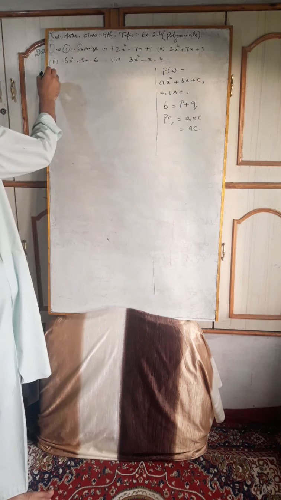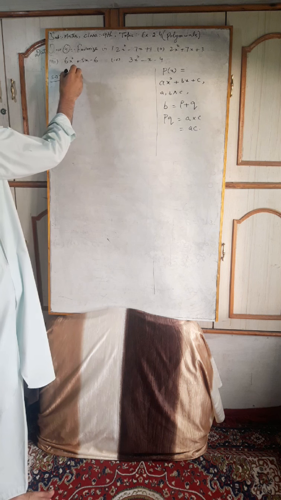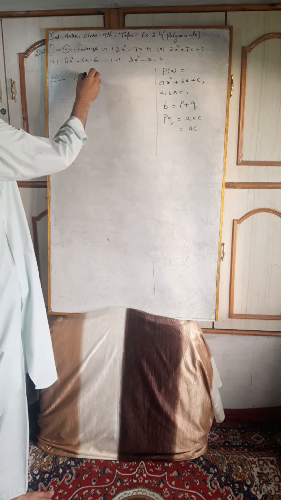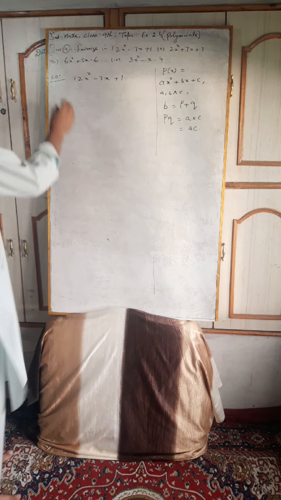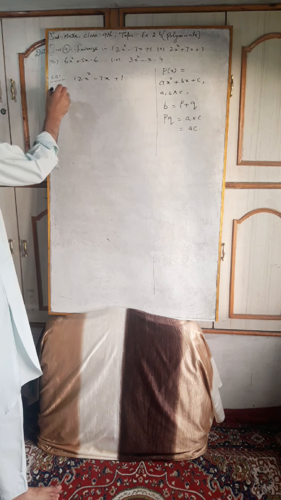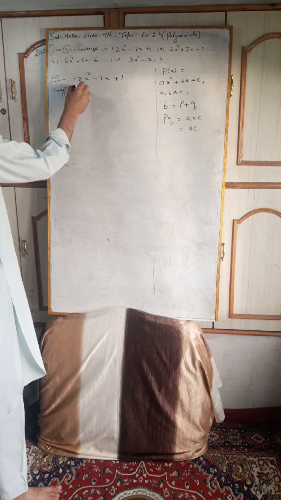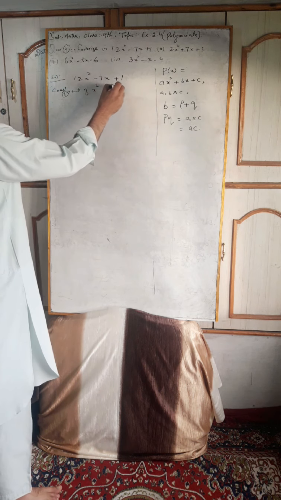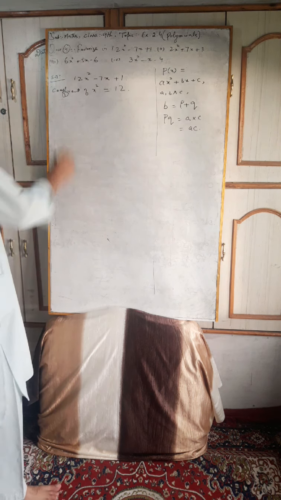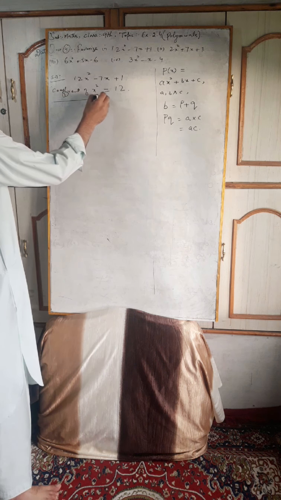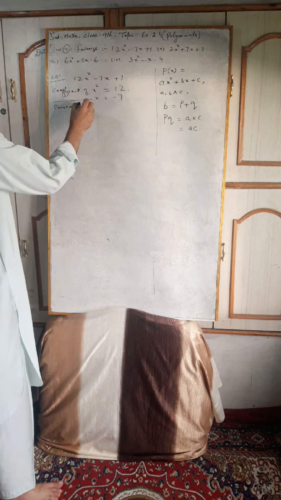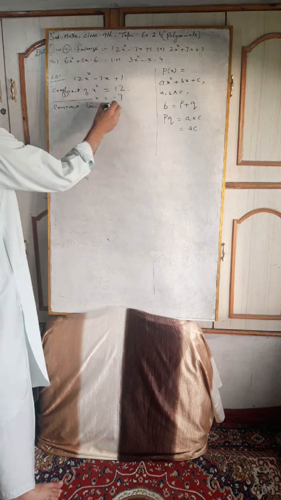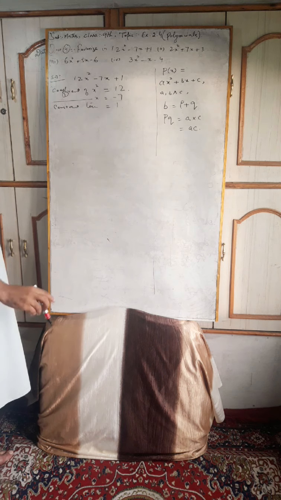Here the first part is 12x square minus 7x plus 1. Here the coefficient of x square is 12, the coefficient of x is minus 7, and the constant term is plus 1.